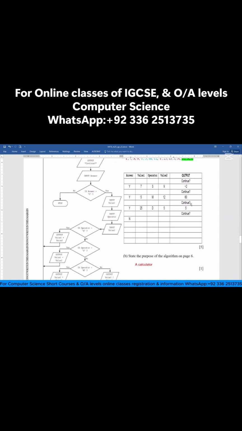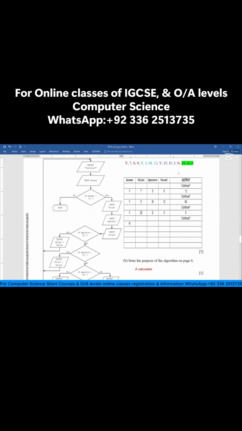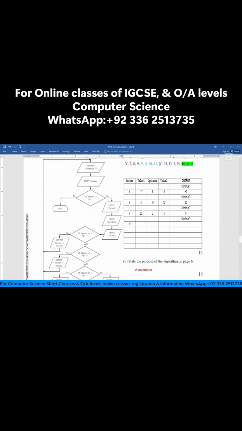Output continue. After 60 is output, you can see continue is again appearing in your output column. Again the same, continue question mark. Input answer. So which is the next input? Again, answer is y. Is answer equals to y? Yes. It moves here. Input value 1, value 2, and operator. So it is going to be y, 25, d, and 5.